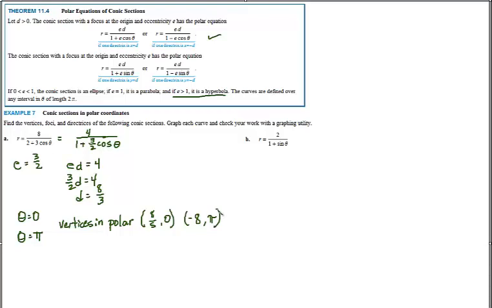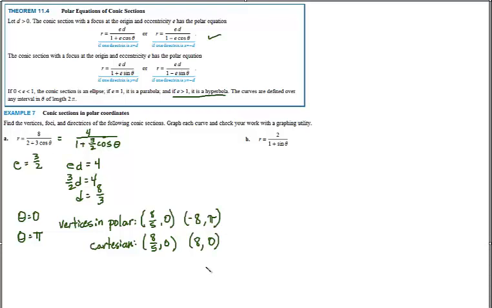So in the Cartesian coordinate system, that means we're going to have our vertices at 8/5, 0 and at -8, 0.